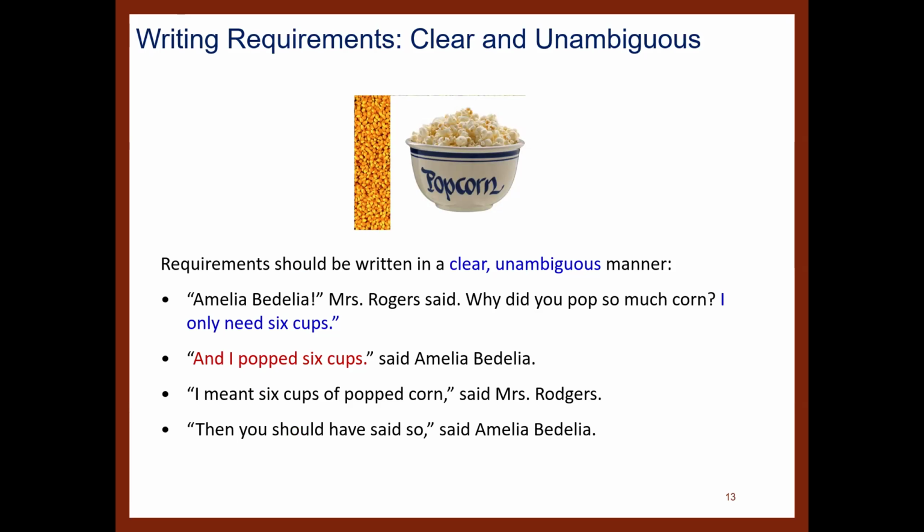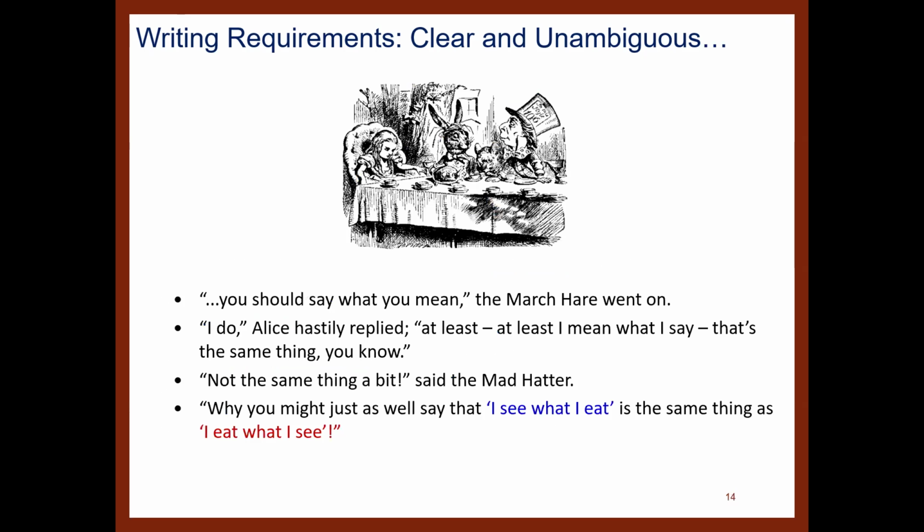Then you should have said so, right? So instead of popping all these smaller grains, it was referring to the actual popcorn. So make sure that those types of things are not happening. You are thinking something, but when you put it in words, people will understand it differently. You should say what you mean.